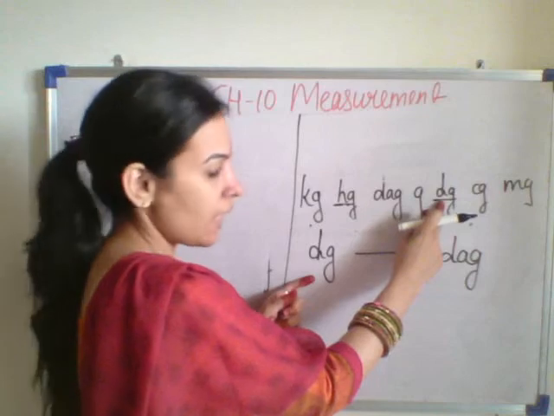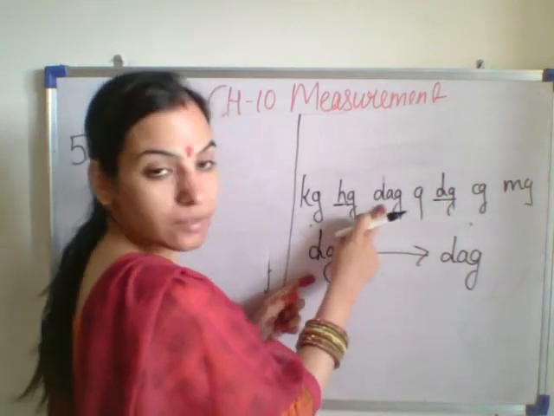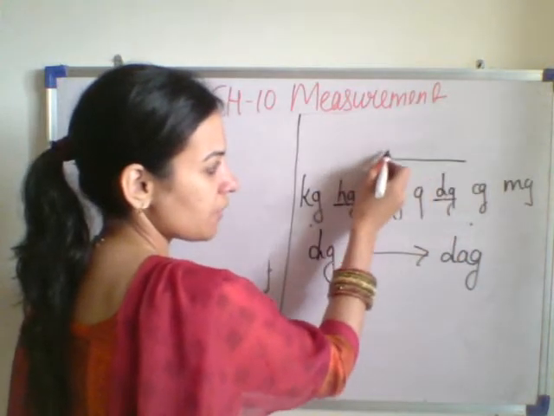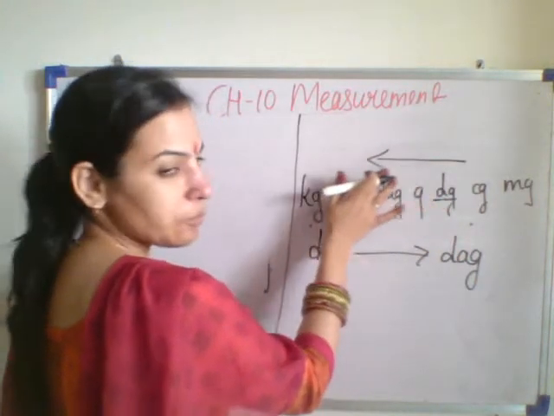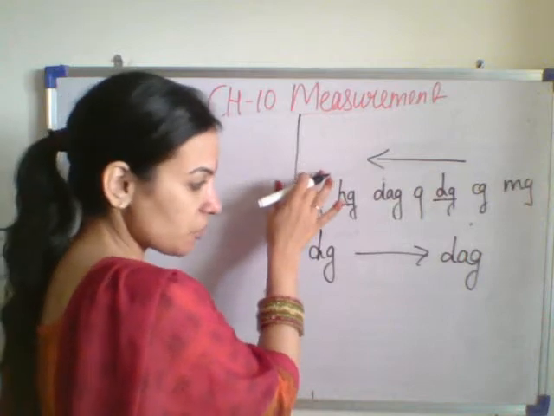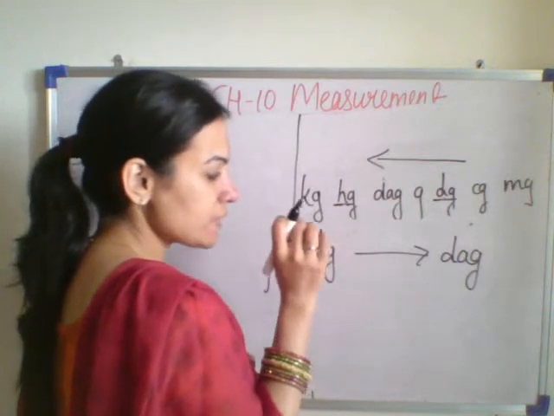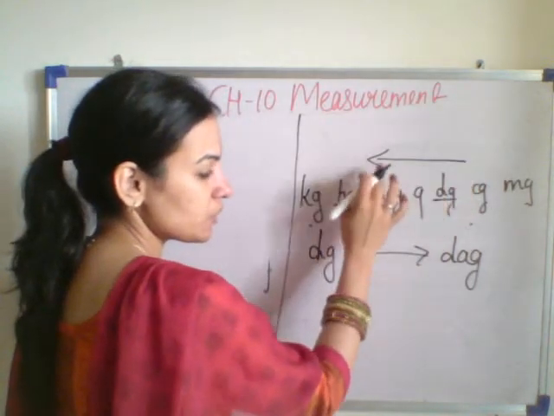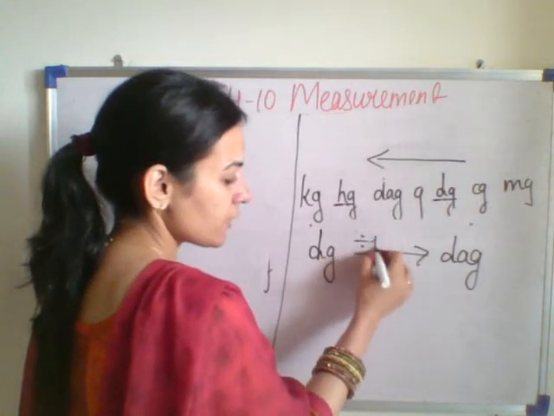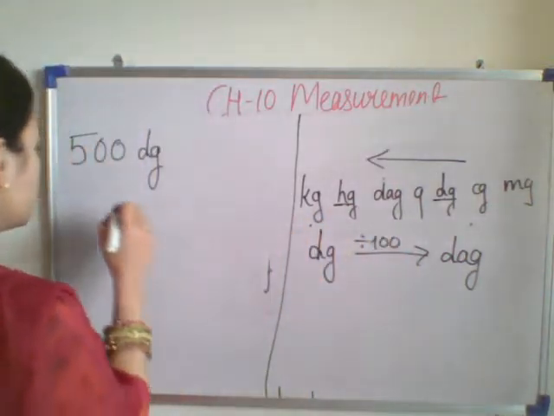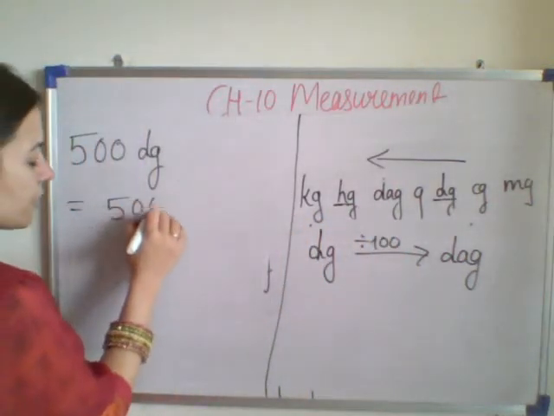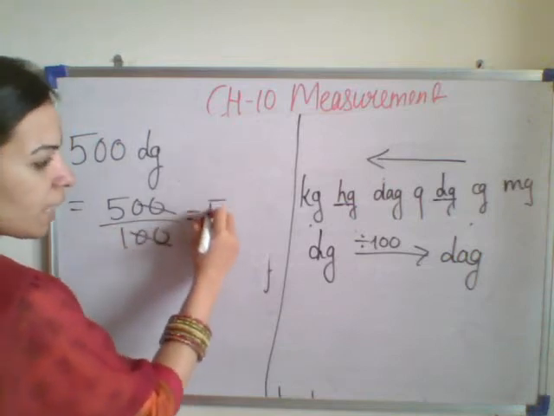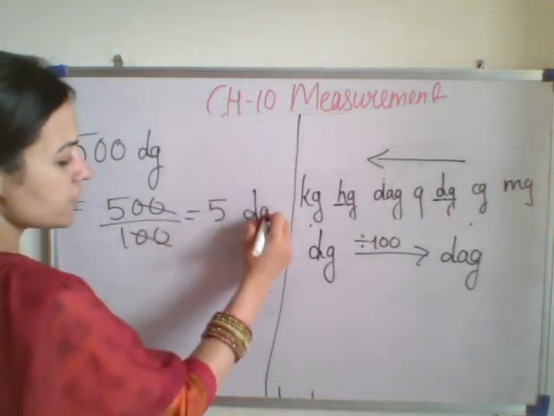It is here, and I want to move here. In which direction am I moving? From dg to dag I am moving towards the left hand side. So here I will be dividing by 100 because I am moving 2 steps. So 500 divided by 100, the zeros got cancelled and it will be 5 dag.